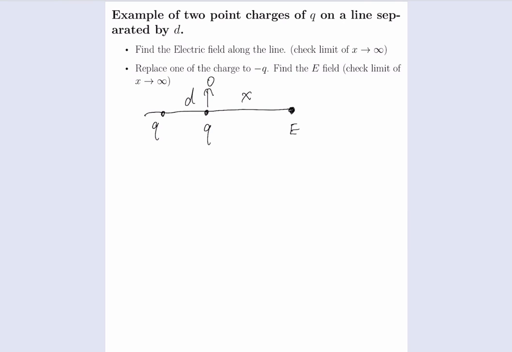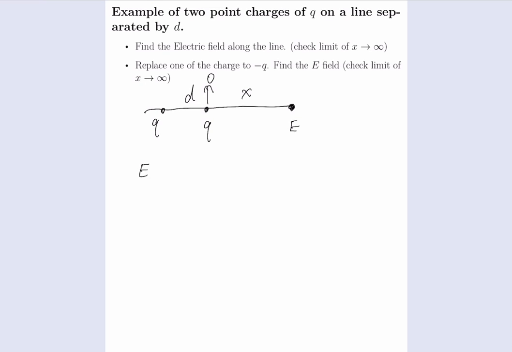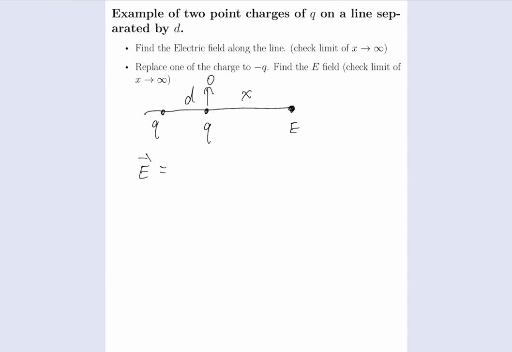And now we can write out the electric field as the contribution from the charge at the center. So this is 1 over 4 pi epsilon naught, and you should use Q divided by R squared, right?